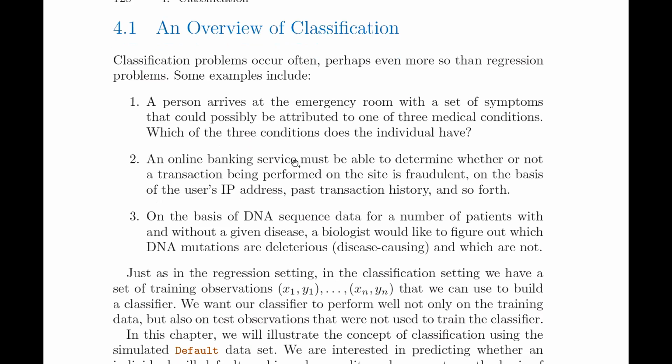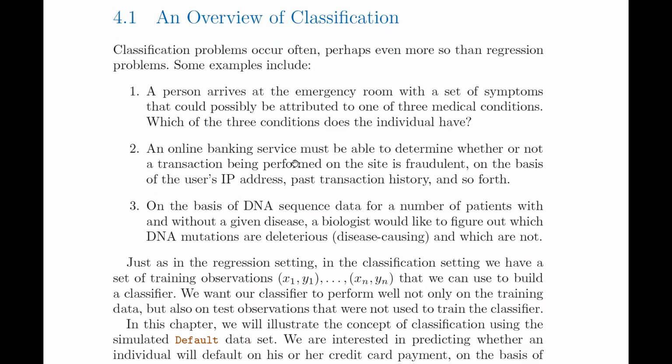4.1, let's have a look at what classification is all about. Classification problems occur often, perhaps even more so than regression problems. Such examples include: 1, a person arrives at the emergency room with a set of symptoms that could possibly be attributed to one of 3 medical conditions.